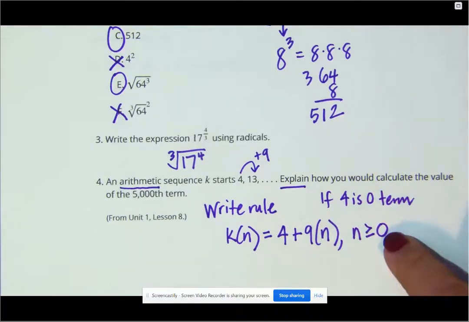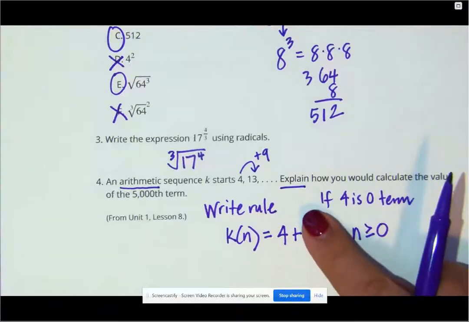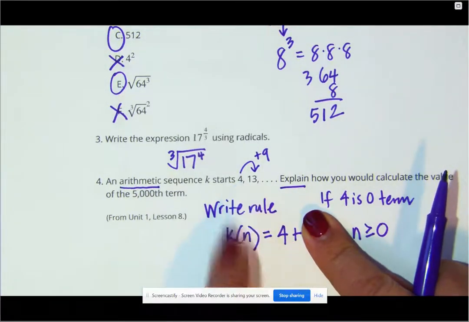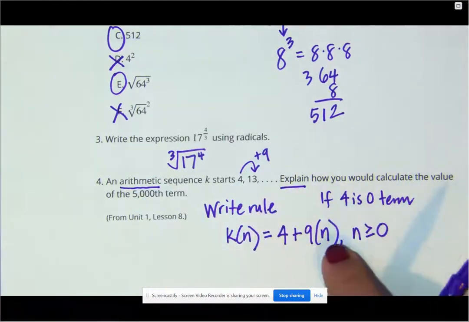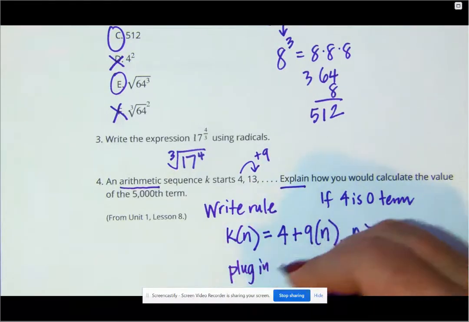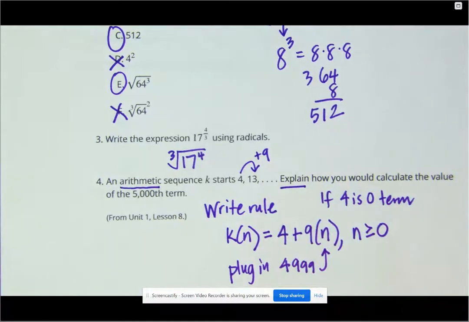So watch, if I put a 0 in there, 9 times 0 is 0, so that means I get a 4 for the 0 term. So if I want the 5,000th term, what number would I plug in here? I would plug in 4,999 to figure it out. It doesn't say we have to, but let's go ahead and do it.